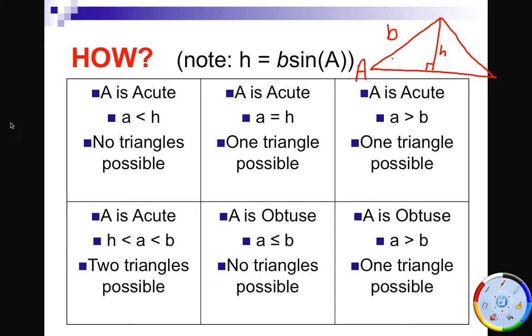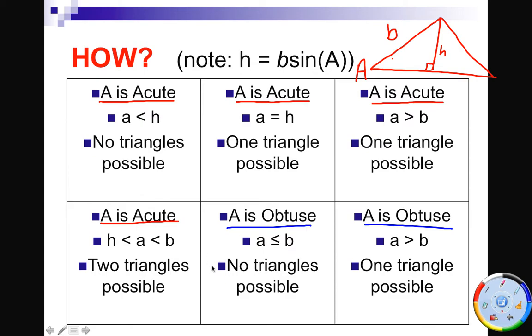So what I first want to point out is if the given angle, and I don't care if this is A or B or C, it just says if the angle that you're given is acute, meaning less than 90, obviously, there are 4 possibilities. However, if the angle is obtuse, there are only 2 different possibilities.